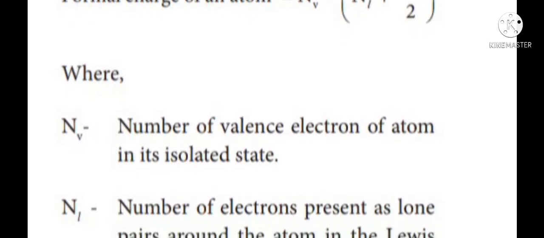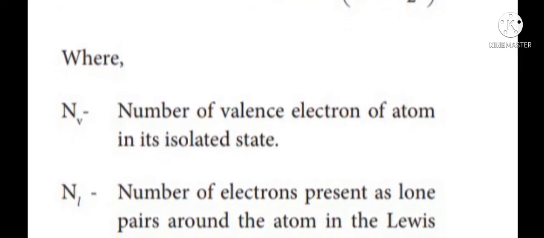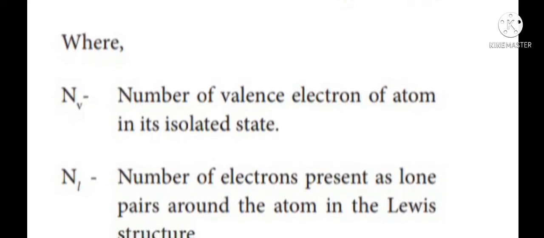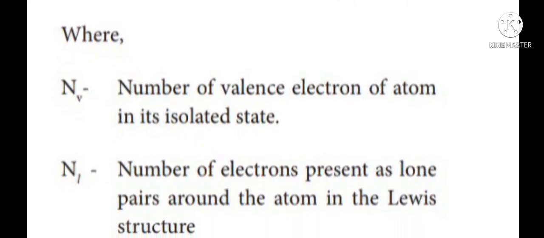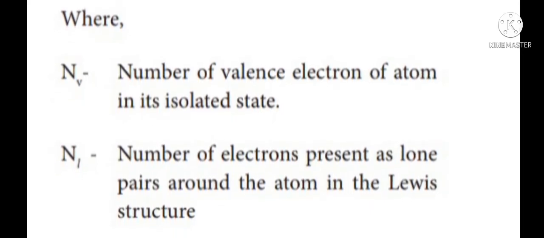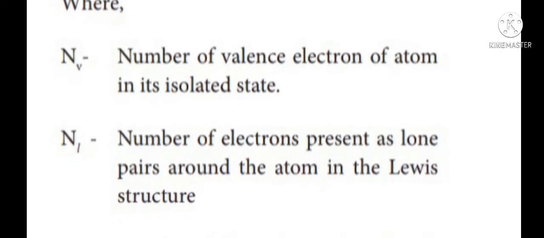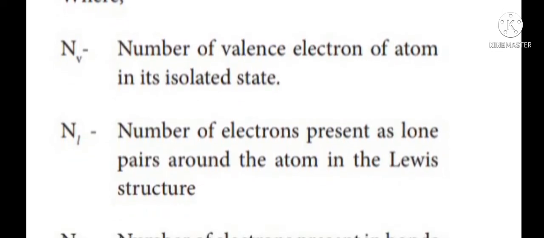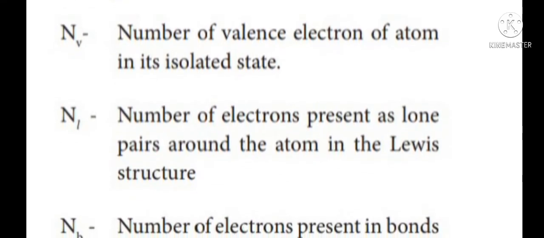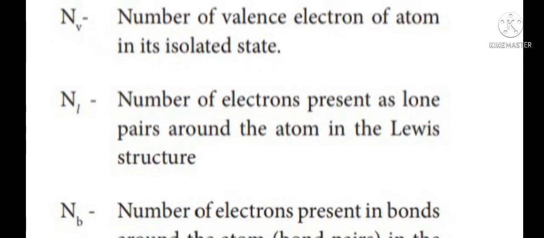where Nv is the number of valence electrons of the atom in its isolated state, Nl is the number of electrons present as lone pairs around the atom in the Lewis structure, and Nb is the number of electrons present in bonds around the atom, that is, bond pairs in the Lewis structure.